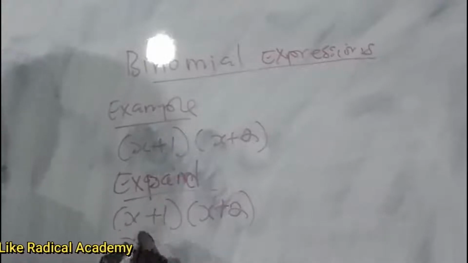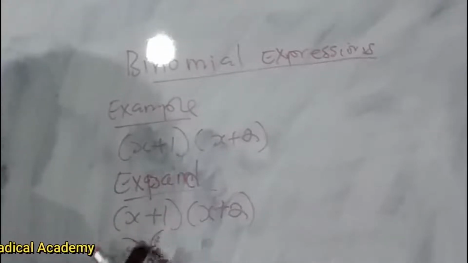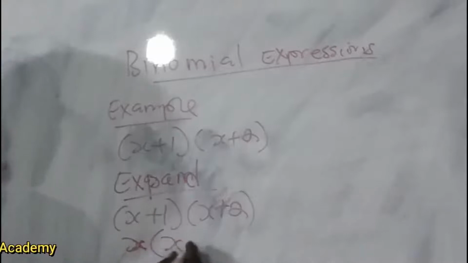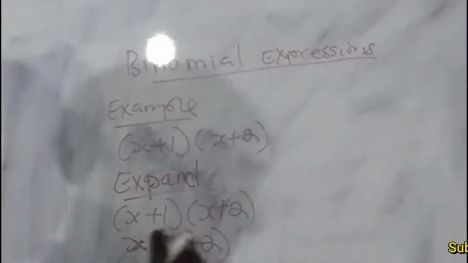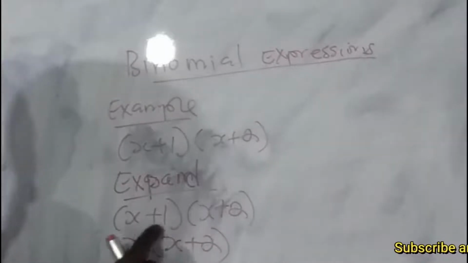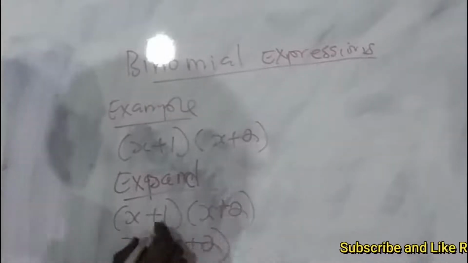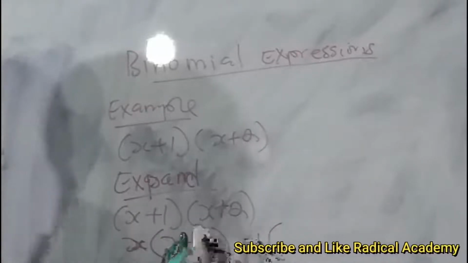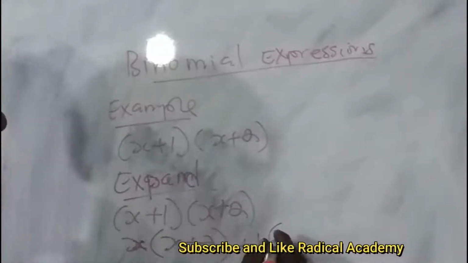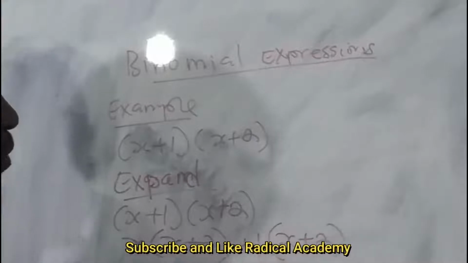We say x outside, and multiply with the second expression. In the first expression we remain with the 1, which is positive, so you say plus 1, open the bracket, and bring down x plus 2.